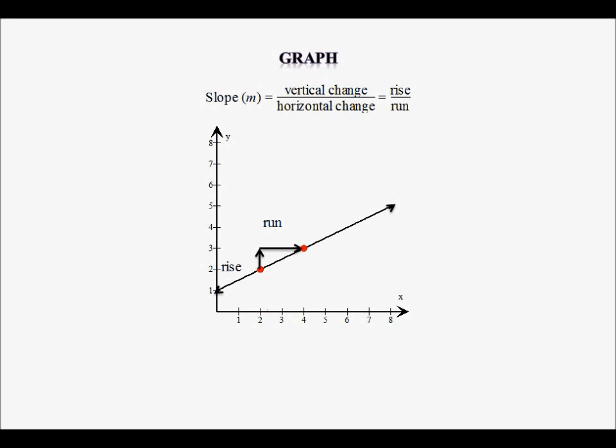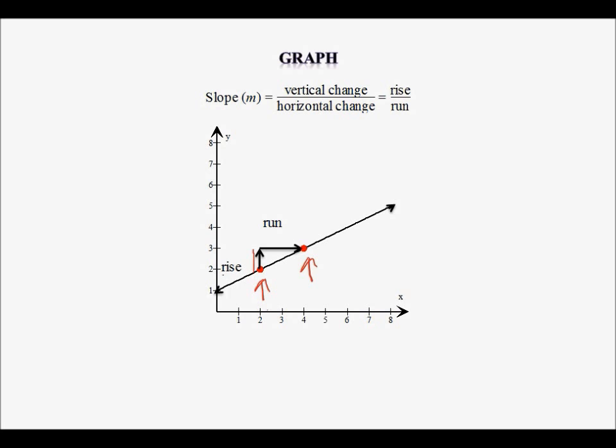Another way of saying vertical change to horizontal change is to say rise over run. The slope is the rise over run between any 2 points. If you look at the diagram that I have here, I have 2 points. If I wanted to know the steepness or the slope of this line, from one point to the next point, I want to know how many units do I move up.